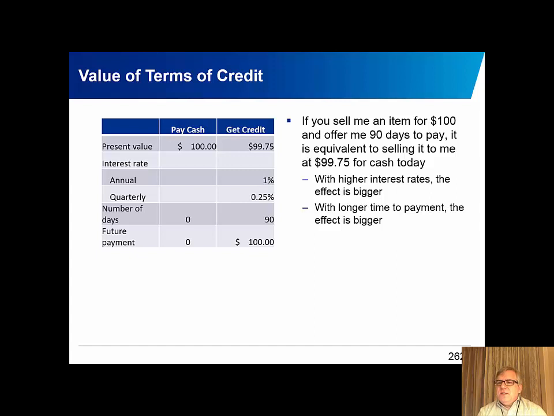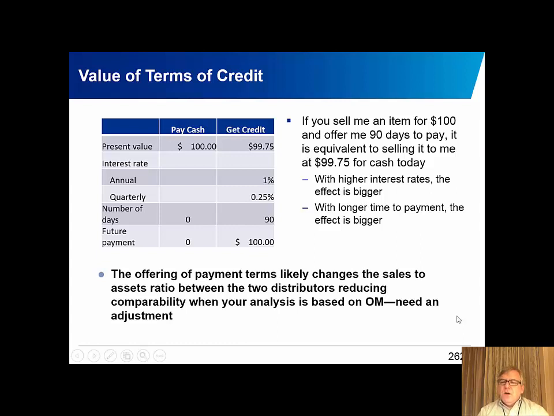So you can see that there are two things that are going to affect this analysis. Whether interest rates are high or low, because if interest rates are very high, then the time value of money becomes much more important. And also, how long is the time period before I have to pay something or before I'm going to receive my money, as you can think about this problem from either side of the transaction.